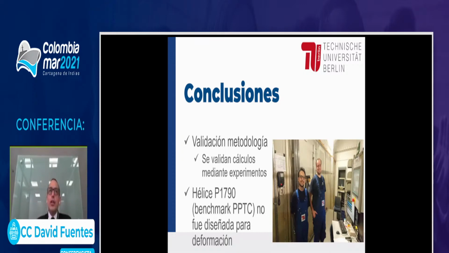And very important is that with the comparisons that we were doing, we realized that we need to find the right way to scale the material, because we found that using the same material at different scales, the deformation is not normalized when you scale the speed from vessel speed to model speed and RPS.